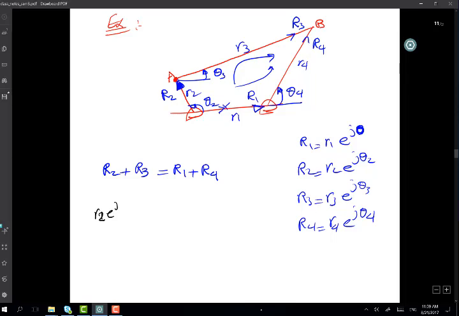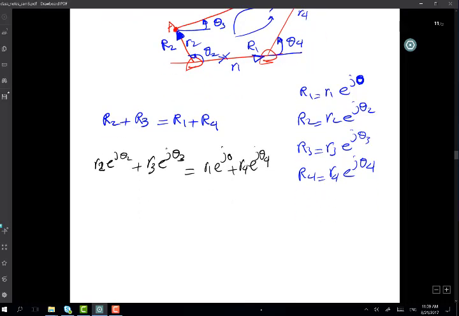So this is the polar form here, and the polar form for R3 is theta 3, and this will be equal to R1 e to the j 0 plus R4 e to the j theta 4. Okay, so now these are my equations in polar form, my loop closure equation. So don't forget that's the loop closure equation.